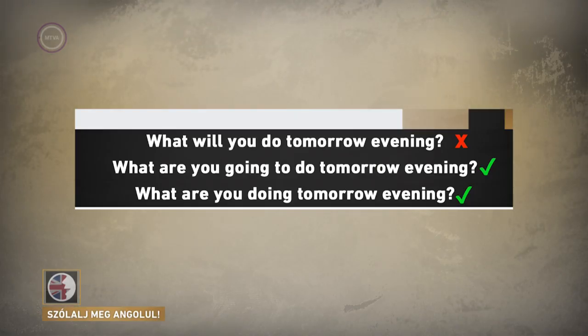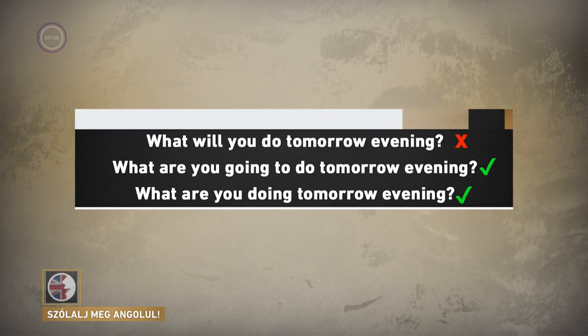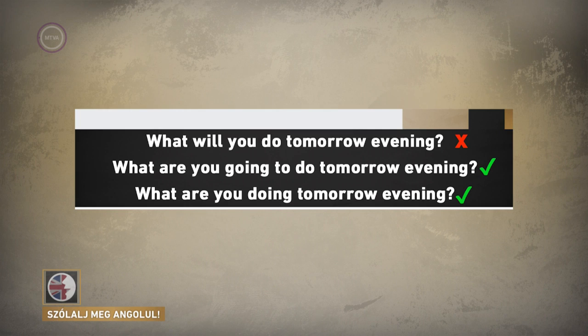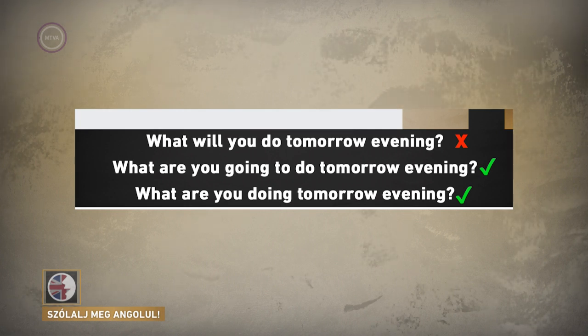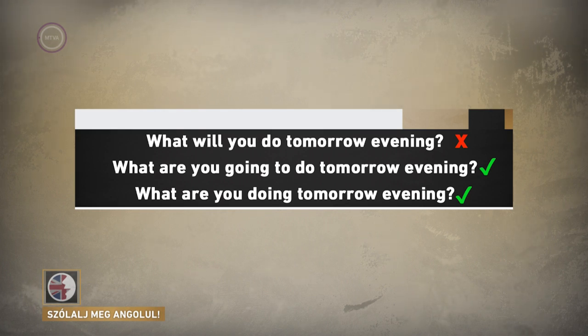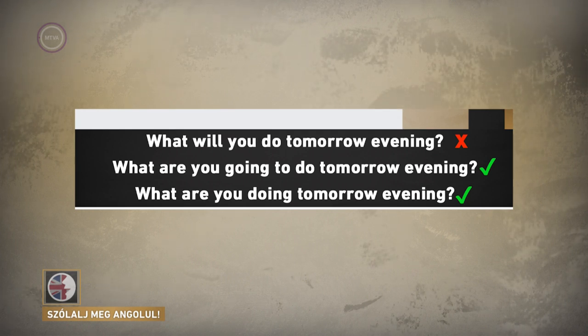We don't say, "What will you do tomorrow evening?" No. We're asking about your plans for tomorrow evening. So we either use going to or we use the present continuous. So, we either ask, "What are you going to do tomorrow evening?" or we ask, "What are you doing tomorrow evening?"